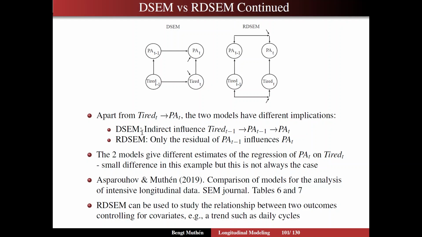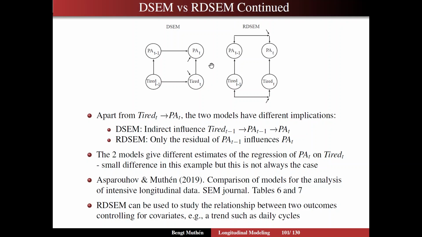For DSEM, we're talking about an indirect influence of tired at t minus 1 through PA at t minus 1 to PA at time t. For RDSEM, it's only the residual of PA t minus 1 that influences the residual of PA at time t, and therefore PA itself at time t. So there's no indirect effect of tired to PA to PA.